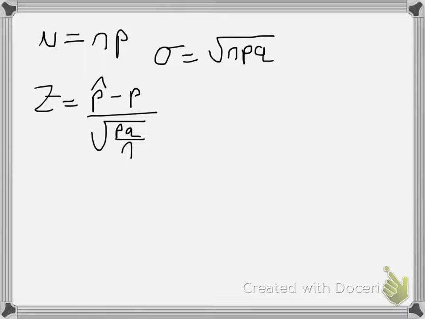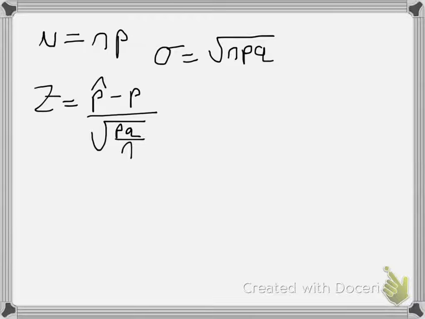P is your proportion, the population proportion, and n is your sample size. Again, observed p hat, what you saw, minus the expected, over the standard error, which is the square root of pq over n.